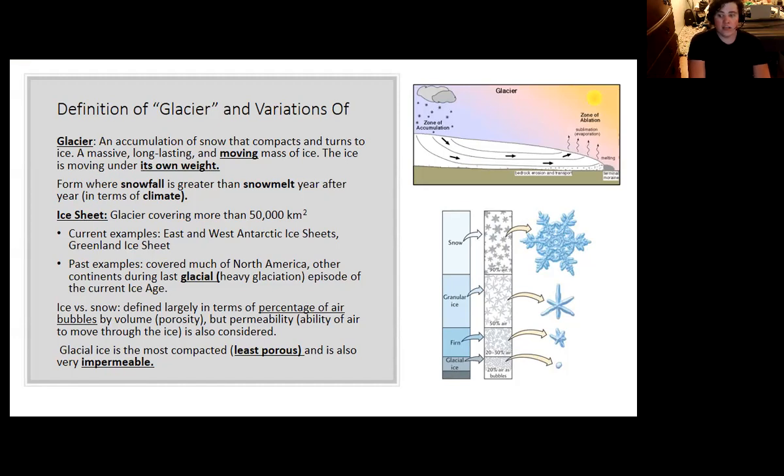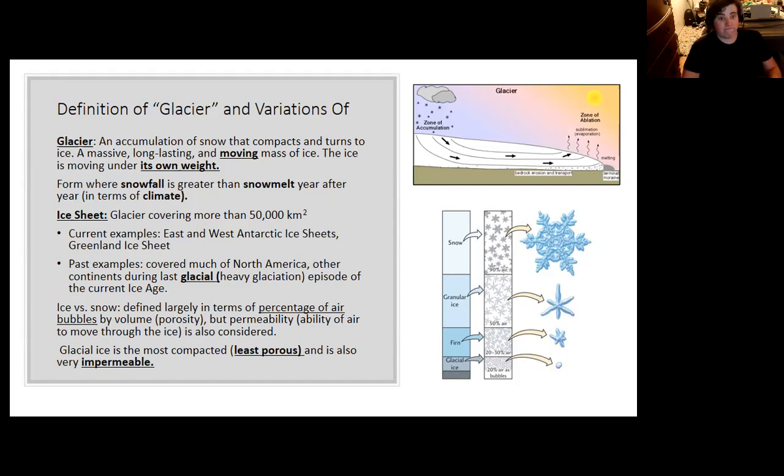There are only 3 true examples of ice sheets remaining today: the Greenland ice sheet, which covers all of the Greenland subcontinent, as well as the East and West Antarctic ice sheets. During the last glacial episode of the current ice age, ice sheets covered most of North America, as well as large portions of Europe.